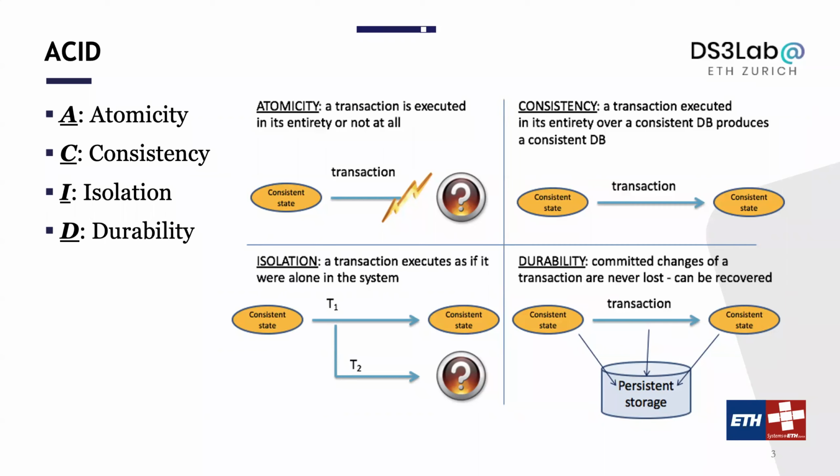Even if the database breaks down, even if you recover and restart your database, the changes will be there. The system will not tell the user, I know yesterday I committed a transaction for you, but today I changed my mind, I'm going to abort it. That cannot happen. So atomicity, consistency, isolation, and durability are the four properties we want to enforce for transactions.